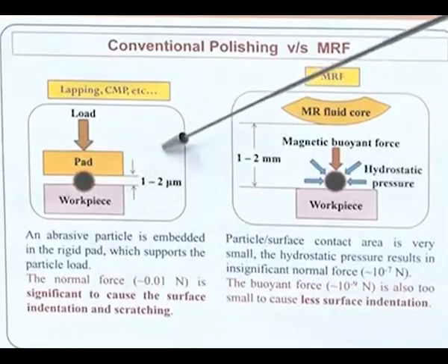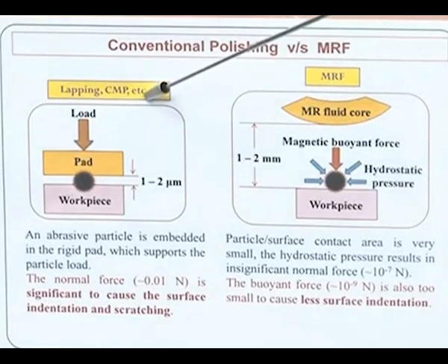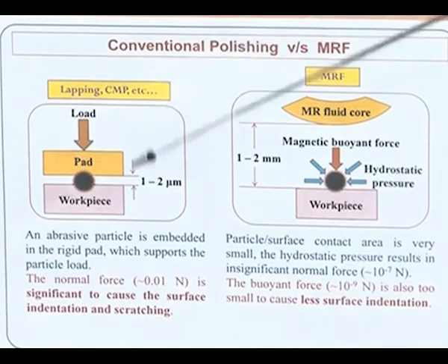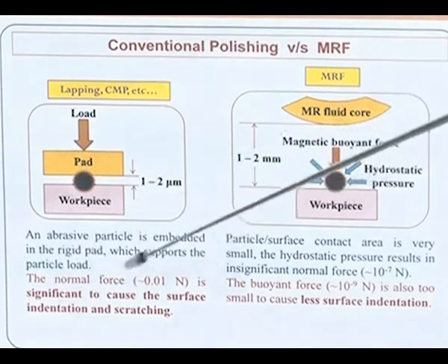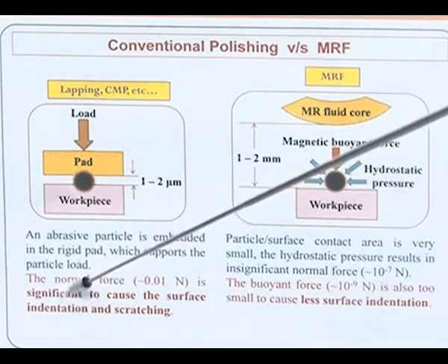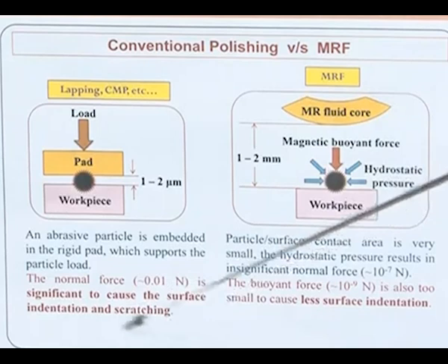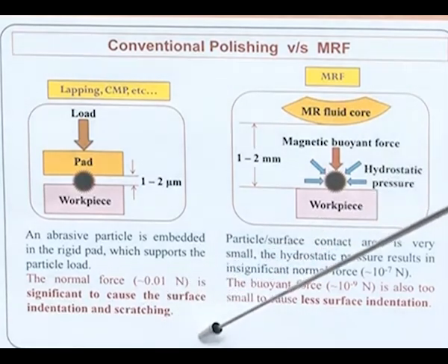This diagram shows the forces acting in conventional polishing versus MRF. In conventional polishing such as lapping or chemomechanical polishing, shortly called the CMP process, the abrasive particle is embedded in a rigid pad which supports the particle load. Therefore, the normal load of around 0.01 Newton is significant enough to cause surface indentation or scratching in the case of nano finishing.